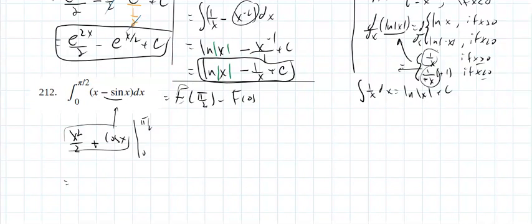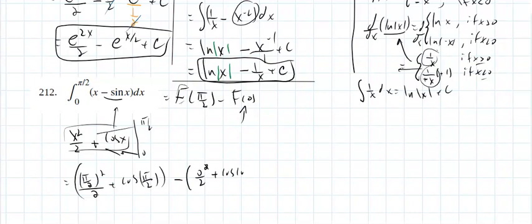Or you could just write it like this. Plug the pi over 2 in. That's pi over 2 squared over 2 plus the cosine of pi over 2, minus F of 0. That is 0 over 2 plus cosine of 0.